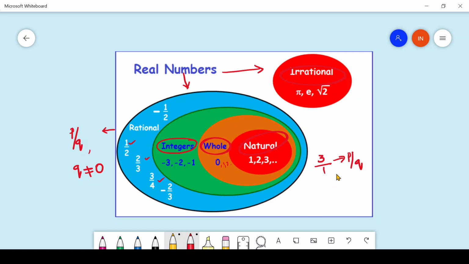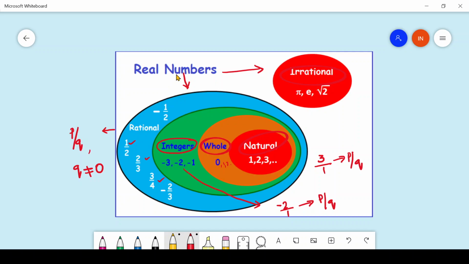And now we can say that this is also included in rational numbers. I'm taking this integer, negative 2. We can write it in the form of negative 2 by 1, and now you can see that this is also of the form p by q. So all these integers, whole numbers and natural numbers are included in rational numbers, right?